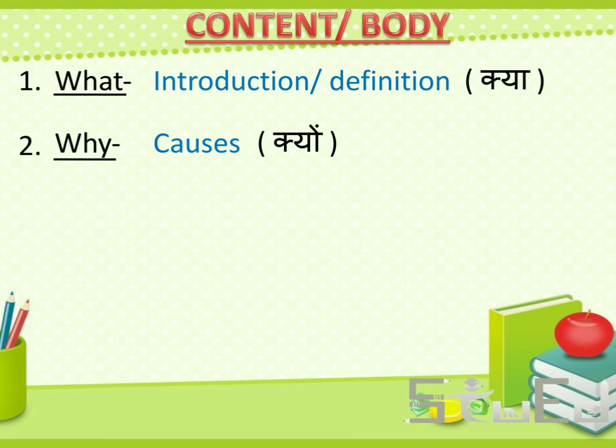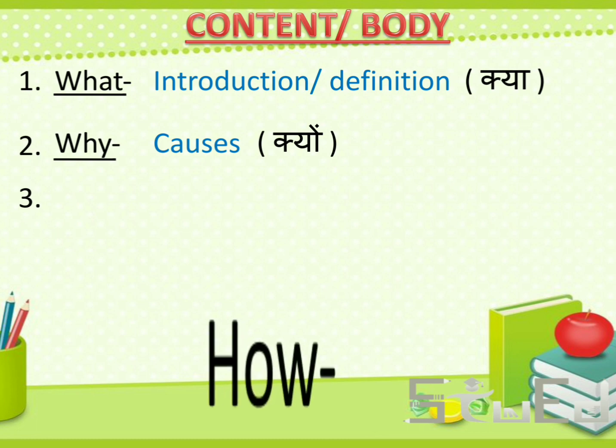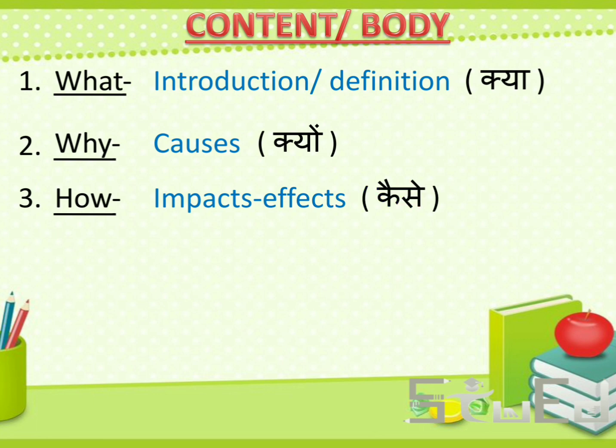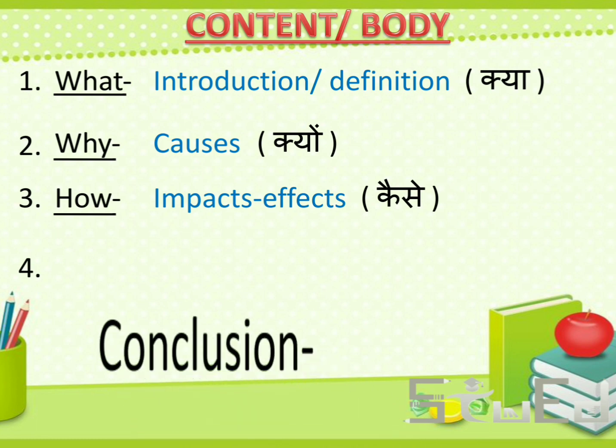Okay, in the third paragraph we write how. That includes impacts or effects. That means कि कैसे वो प्रॉब्लम अफेक्ट कर रही है हमारी सोसाइटी को. Okay, how it is affecting the society and the people around. In the last paragraph we write the conclusion.